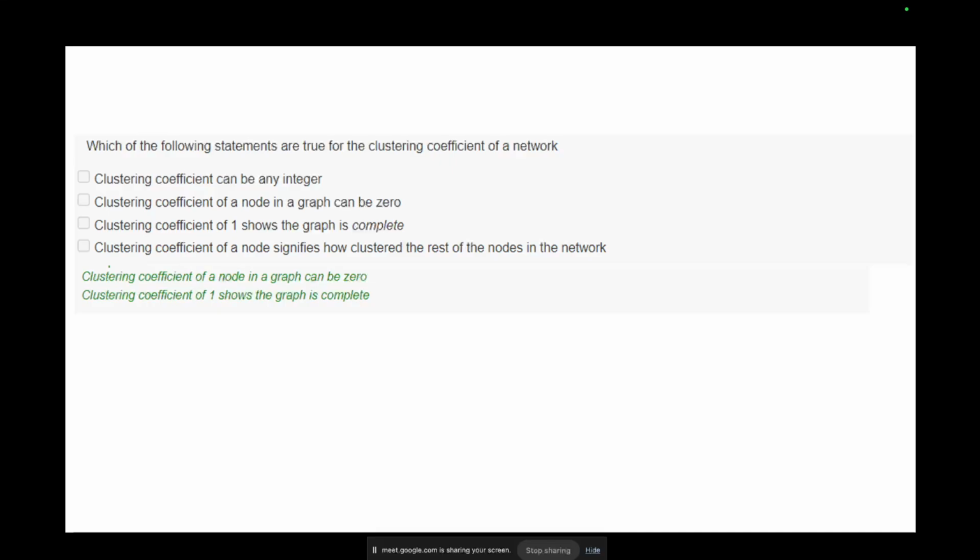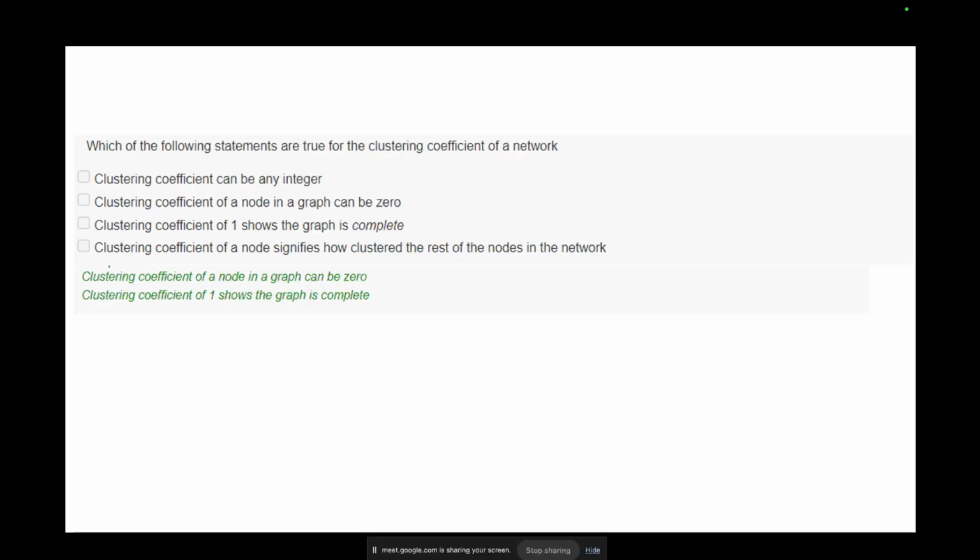No, it basically signifies how connected that node is to the rest of the nodes around it, and how the nodes around it are connected to each other. So do not get confused between measures of a node and measures of a network.